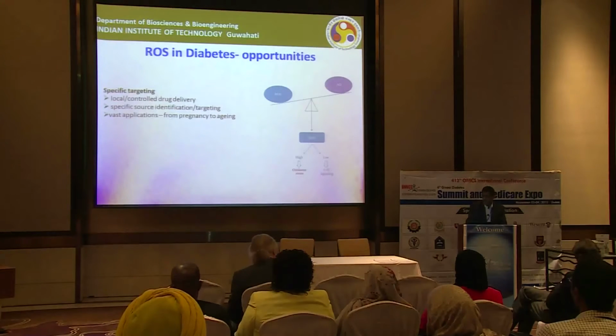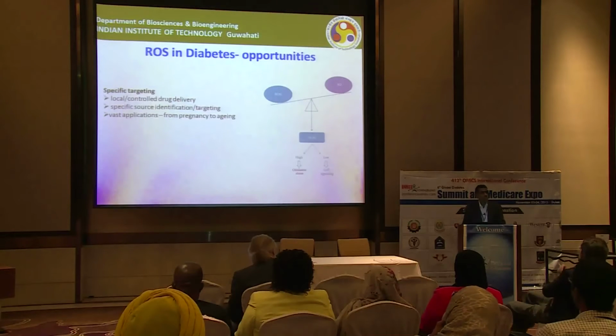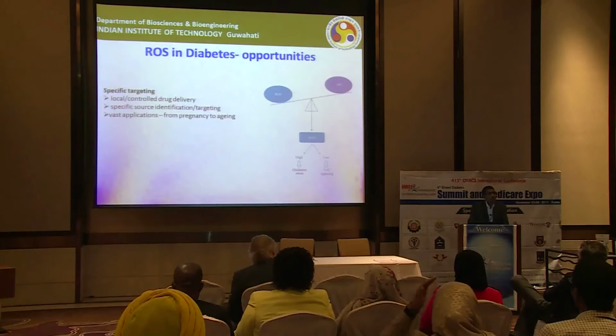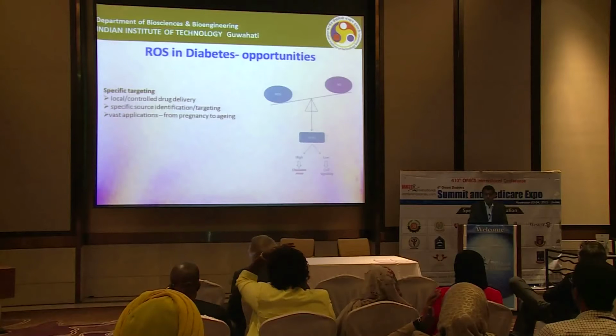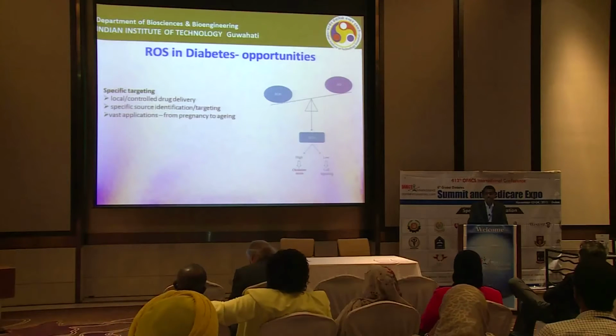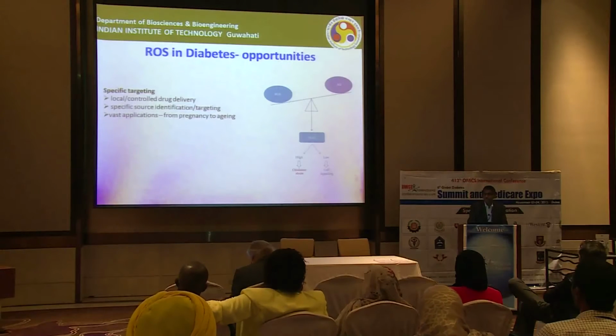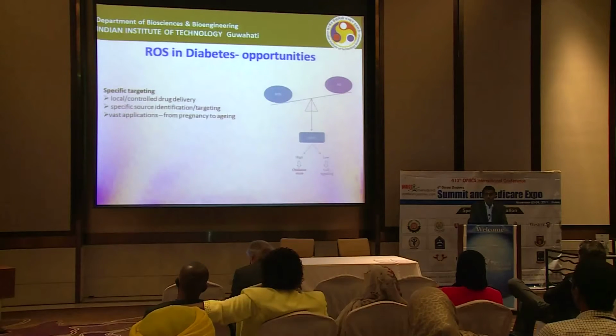If you remember what I told at the initial part of this talk, the large scale trials which tried to reduce ROS production by introducing non-specific antioxidants have failed. We believe one of the reasons could be side effects, because normal physiological functions of ROS were also inhibited in those trials.